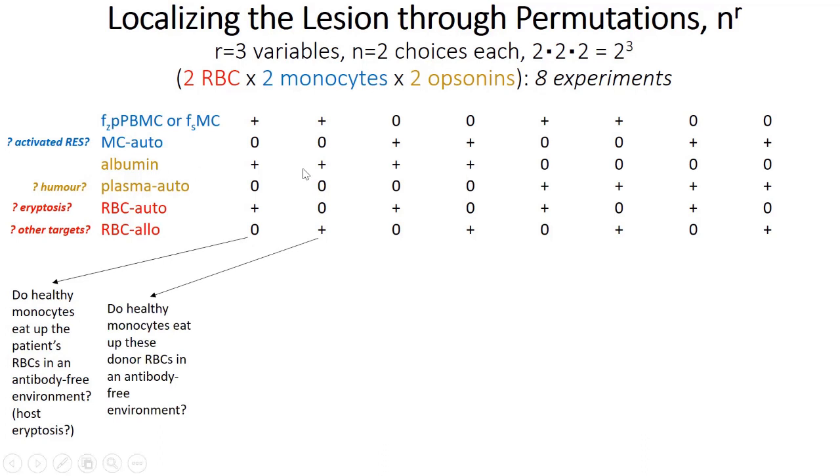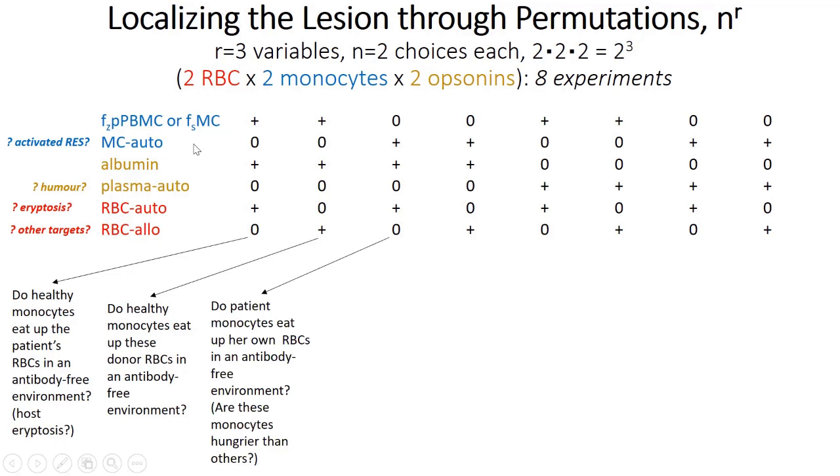In the next experiment, if you are running this system against allogeneic red cells, do healthy monocytes eat up a candidate unit in an antibody-free environment? That would not be expected because healthy donor cells are less likely to be eryptotic than your own patient's.